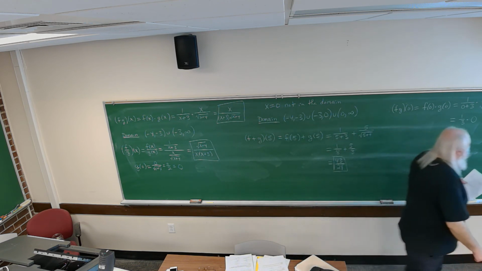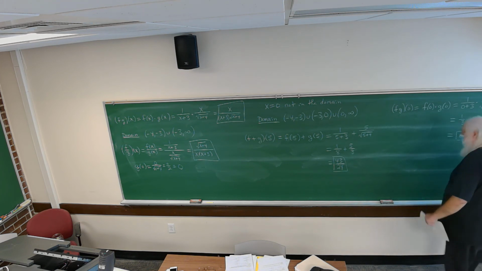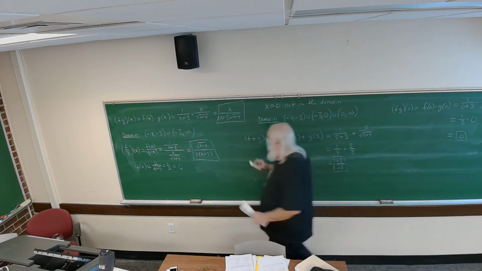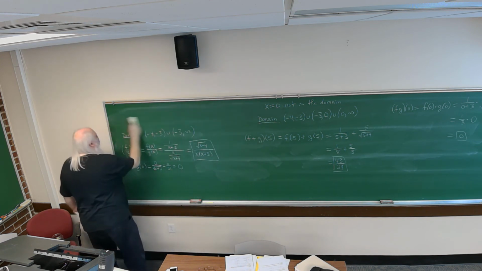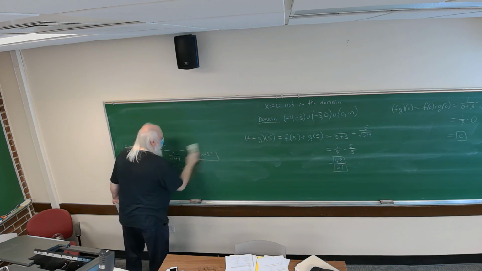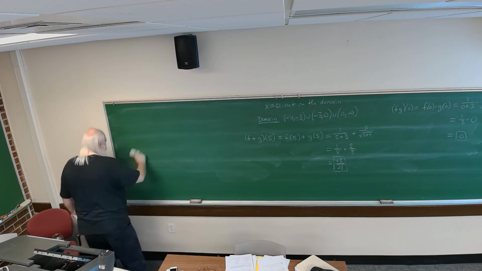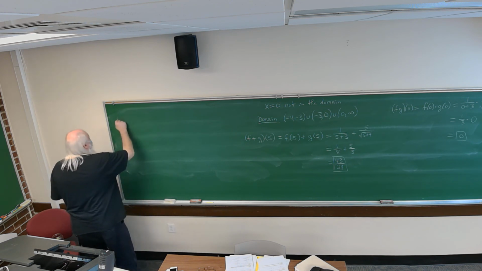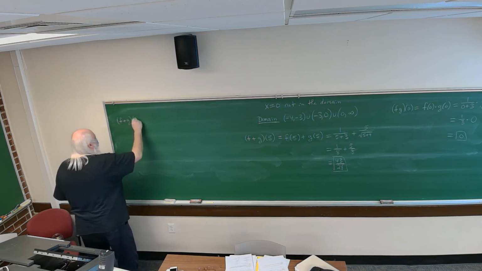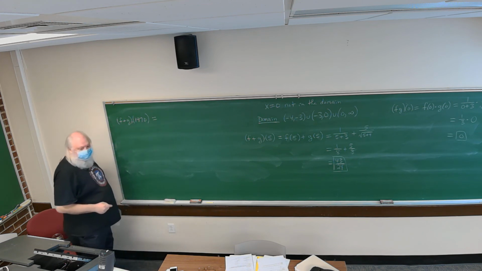So you're asked to evaluate f plus g of 1970. Right? So we're adding two functions, right?